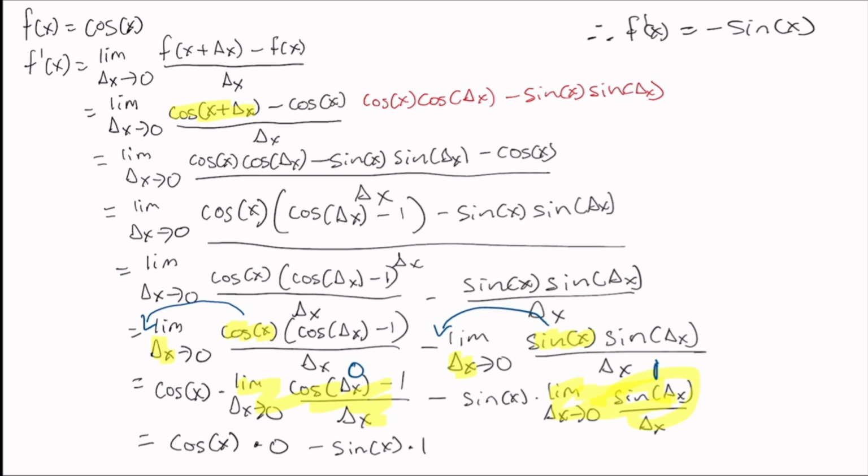You use your angle sum formula, you use properties of limits, and treat the terms that do not have delta x involved as constants. It's really the same sort of mindset or thought process when deriving both the derivative of sine and cosine.